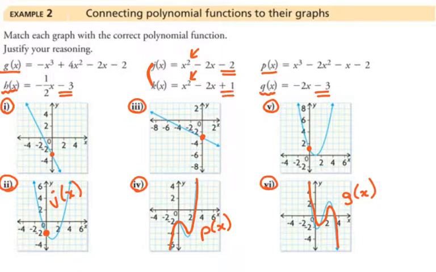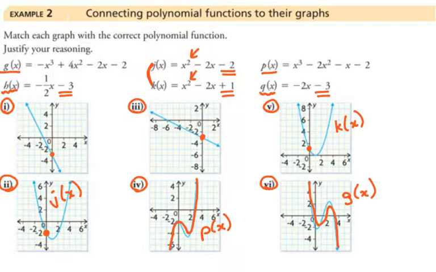K of x has a y-intercept of plus 1, so it has to match with V. So we used positive and negative leading coefficients to match the degree 3s. We use the y-intercept to match the parabolas.